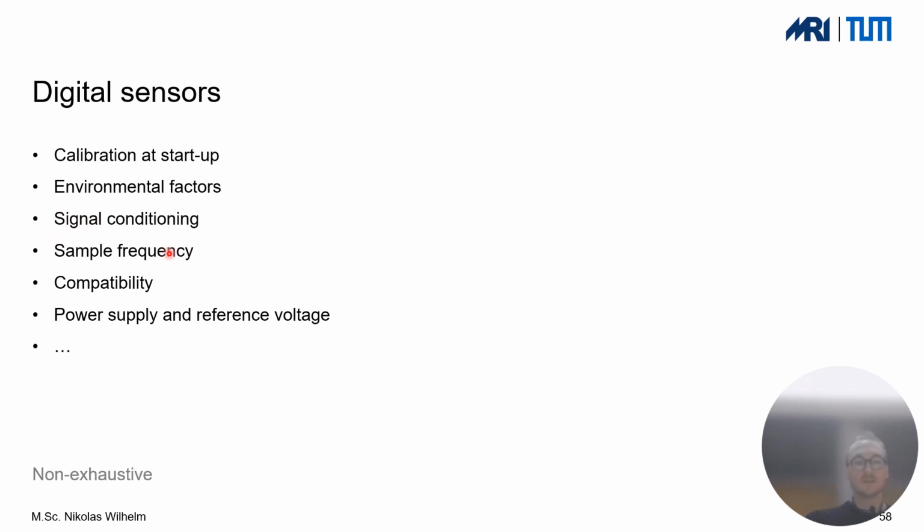Also, sample frequency, for example, might limit your design. So maybe a certain sensor is very high performing and very accurate, but it can only give you a solution every 2 seconds. Then this sensor might not be suitable for a real-time application where you want to really control, for example, the motion of a finger or something.